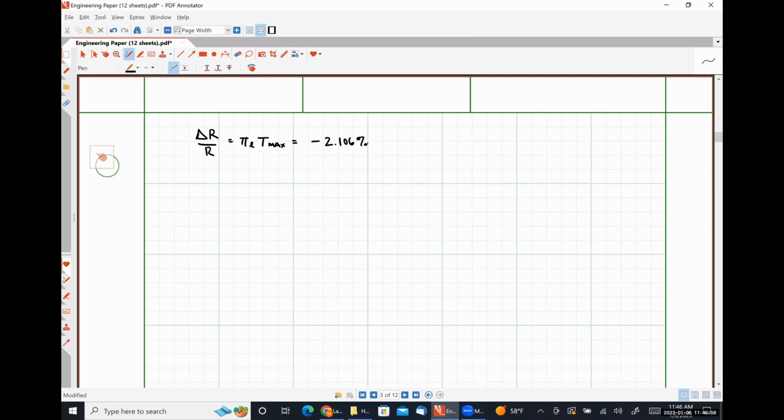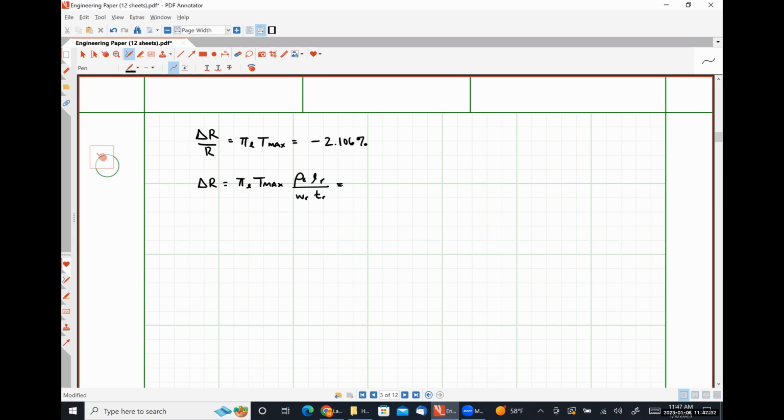All right, so what about our absolute change in resistance? Well, that's simply delta R. So that's going to be pi L sigma max times rho E L R over W R T R, so the length of our piezoresistor divided by the cross-sectional area of our piezoresistor.